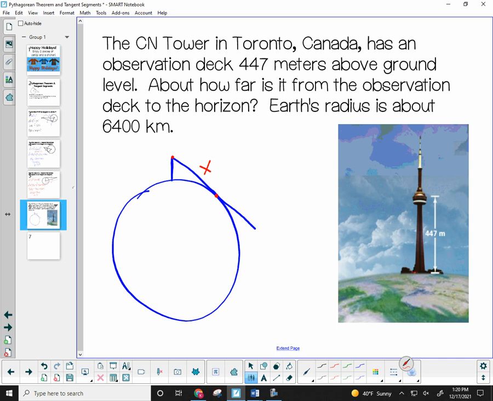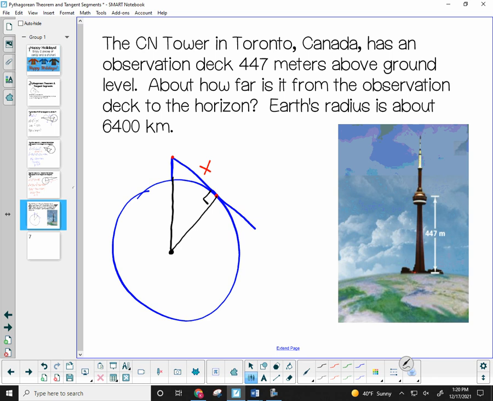Now we know that if we have a circle, and if a radius intersects a tangent line, we make a right angle. I can also draw this radius in to connect with my tower. So we've created a right triangle here.